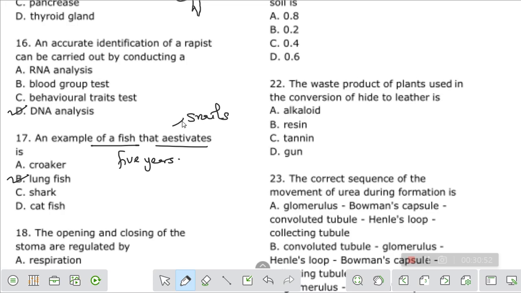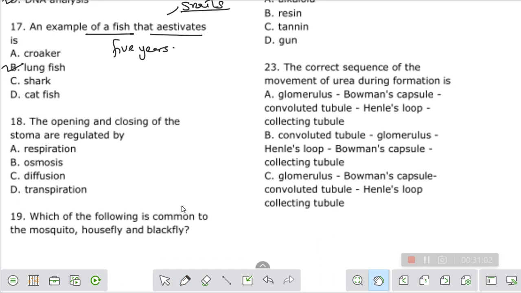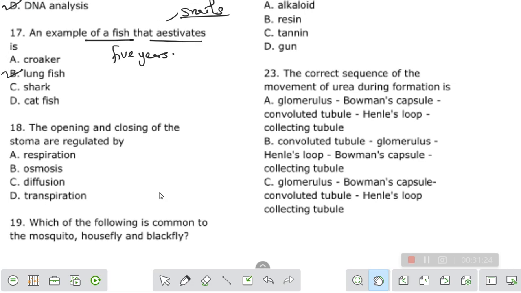Now, the opening and closing of stomata are regulated by what? Is it respiration, osmosis, diffusion, or transpiration? I told you there is one part of the plant that regulates it: the guard cell controls the opening and closing of stomata. But we are talking about the process that makes the guard cells regulate the opening and closing of the stomata.